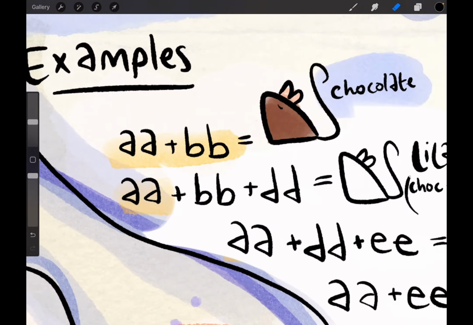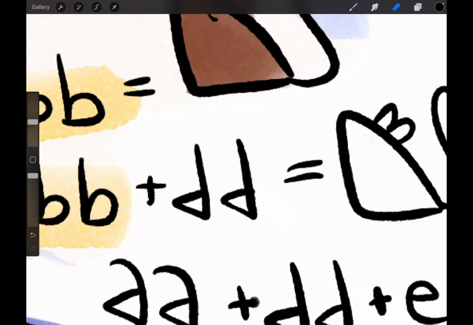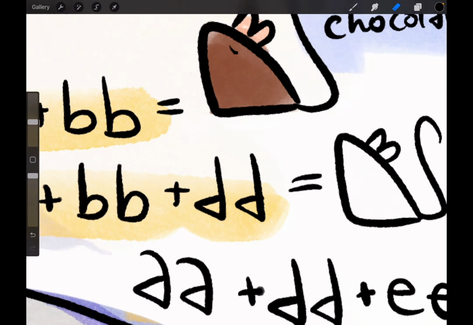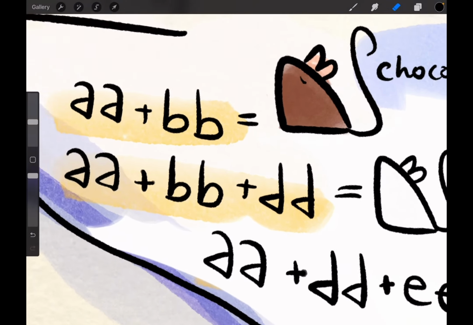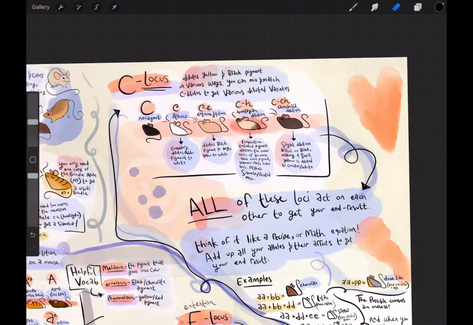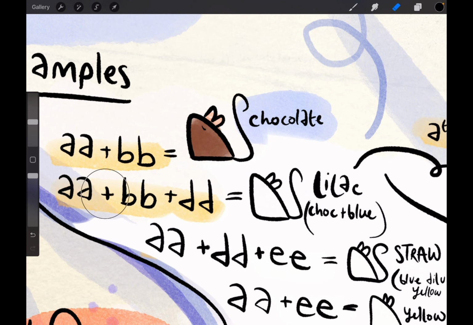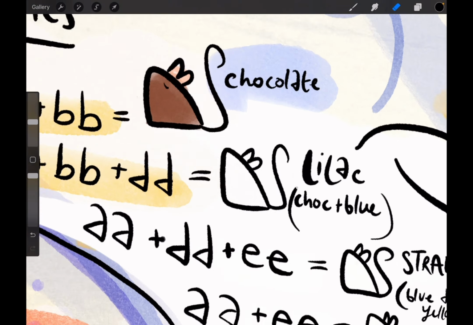Now, we move on to this one. Once again, homozygous black self plus chocolate, but this time we also have blue dilution. So this is 3 loci instead of just 2, which is what we've looked at so far. But 3 loci, that black self plus the chocolate, which would turn black self to chocolate, plus blue dilution, that turns black self to blue.